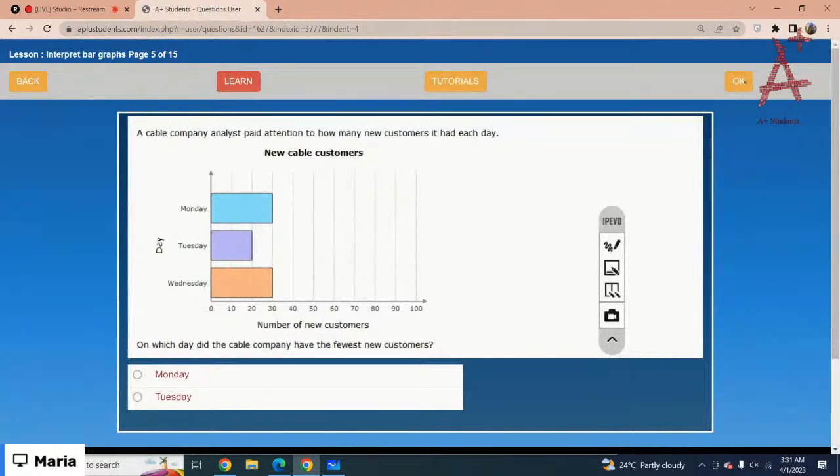A cable company analyst paid attention to how many new customers it had each day. So here is the graph for the new cable customers. On which day did the cable company have the fewest new customers?